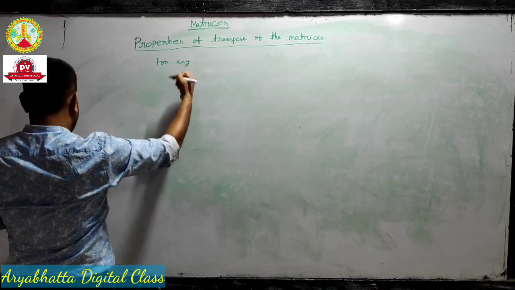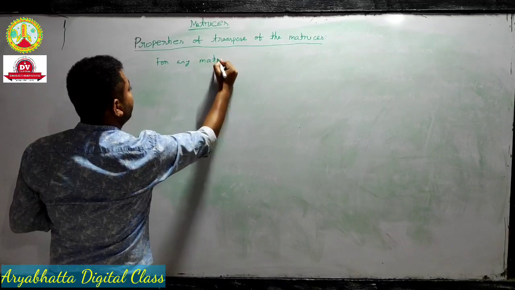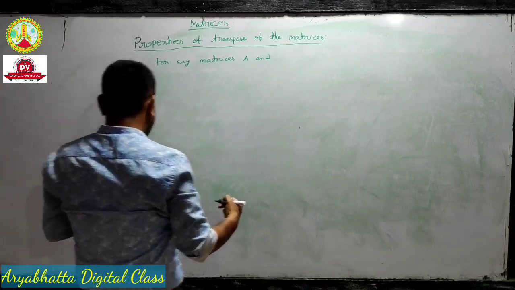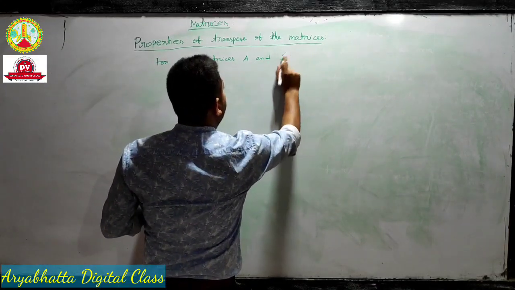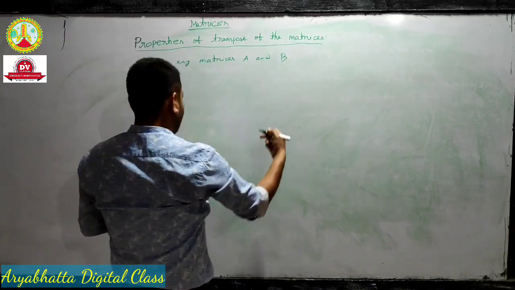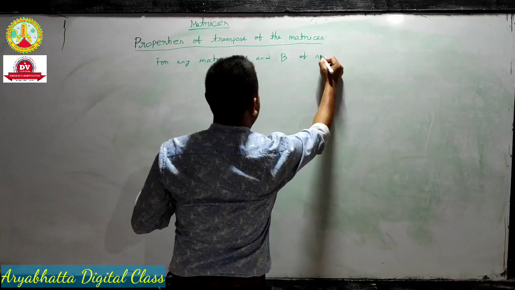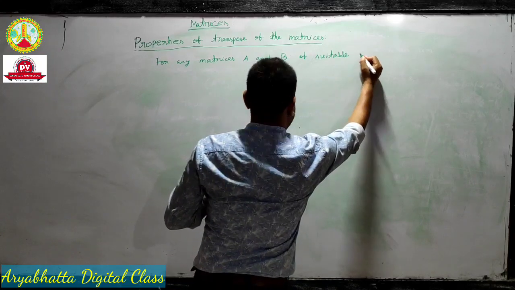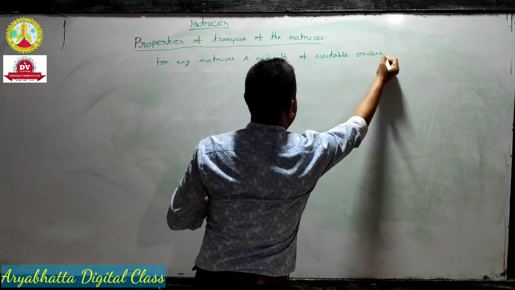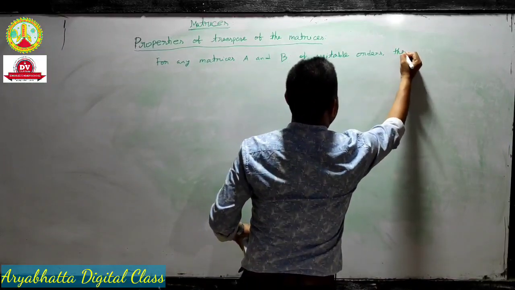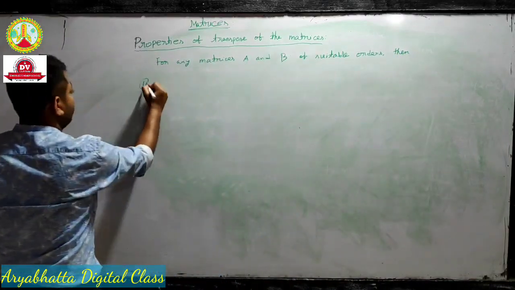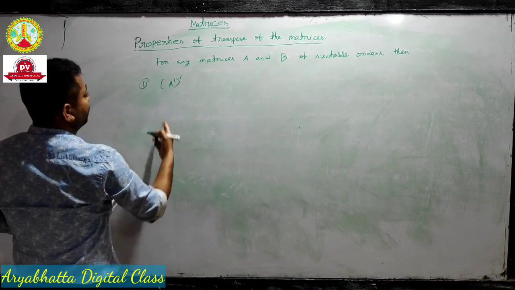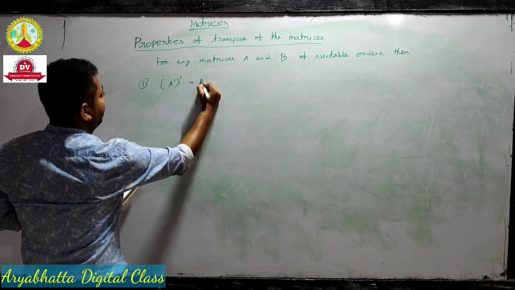For any matrices A and B of suitable orders, then number 1, transpose matrix of A whole transposed, that is A dash whole dash equal to A.